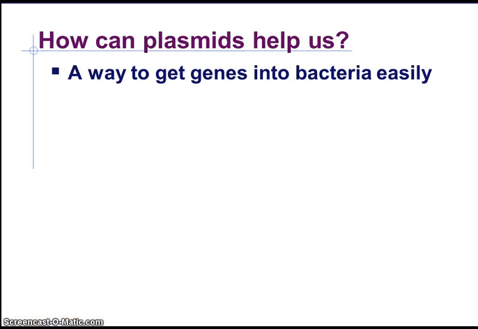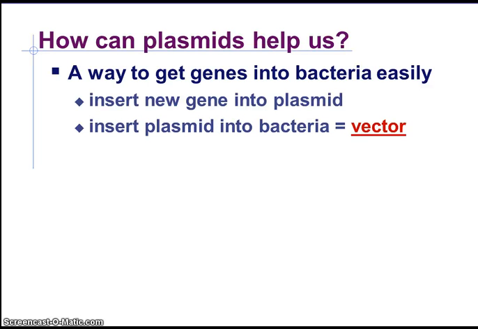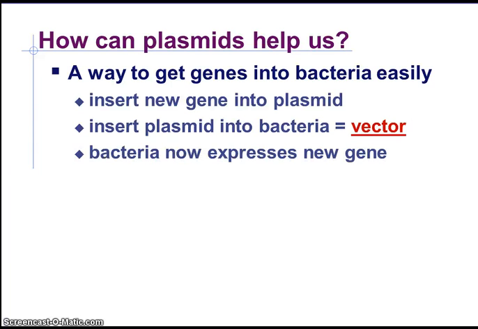So how do we get plasmids to help us? Remember, those are the little circular pieces of bacterial DNA. So we insert that new gene into the plasmid. We insert the plasmid into the bacteria, which is a vector, and the bacteria now expresses the new gene.